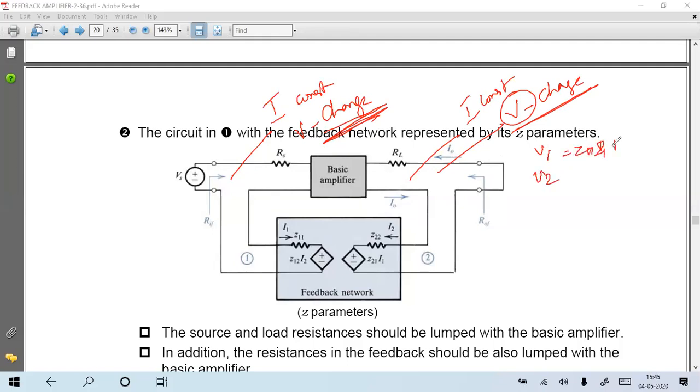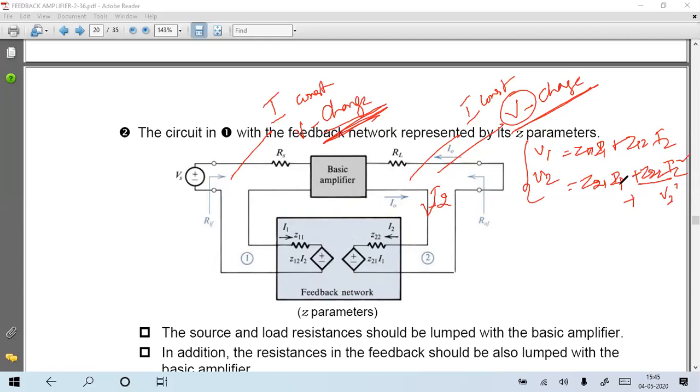V1 equals Z11 I1 plus Z12 I2. Next, V2 equals Z21 I1 plus Z22 I2. So now the feedback network is replaced by the impedance network. Here current is flowing, I2 current is entering here. Now Z12 into I2 must be the voltage V2 dash.